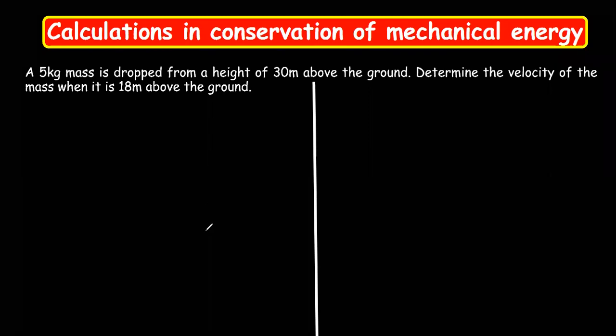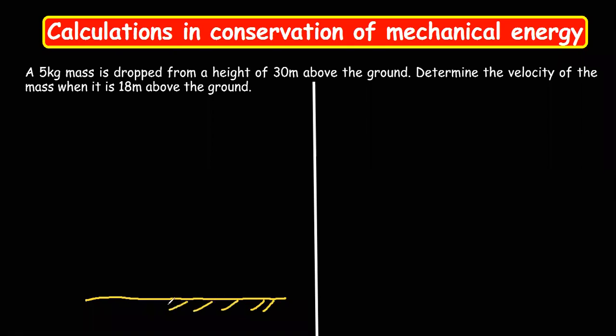So let's say this is our ground level here. I'm going to put the ground level here. And then the object was dropped from a height of 30 meters from here to here, for instance.